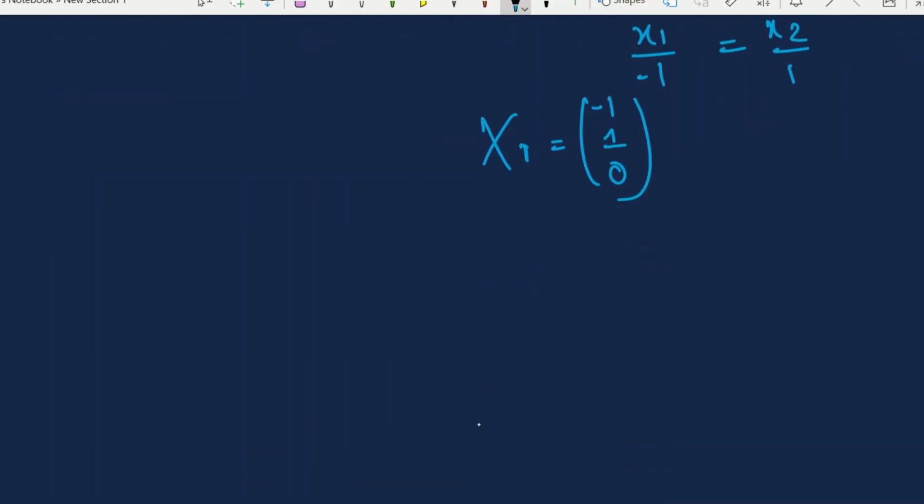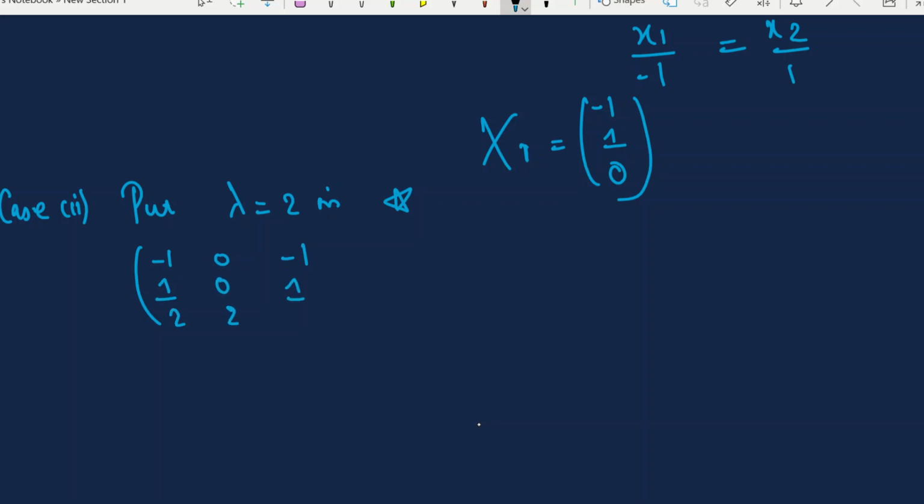Similarly, next in case 2, put lambda equals 2 in star. Our matrix will become 1, negative 1, 0, negative 1, 1, 0, 1, 2, 2, 1 and x1, x2, x3 equal 0, 0, 0.